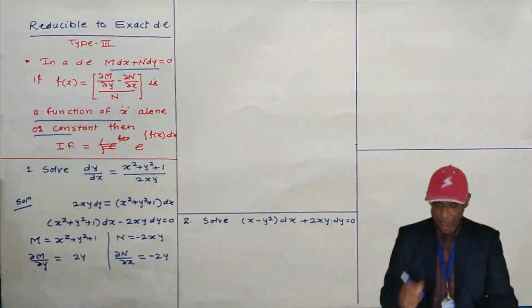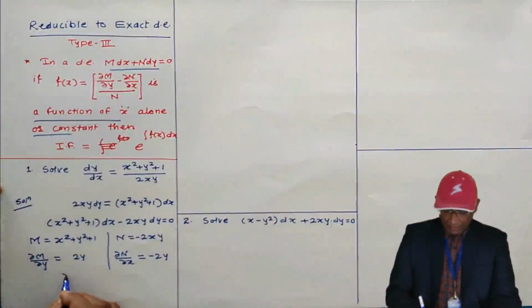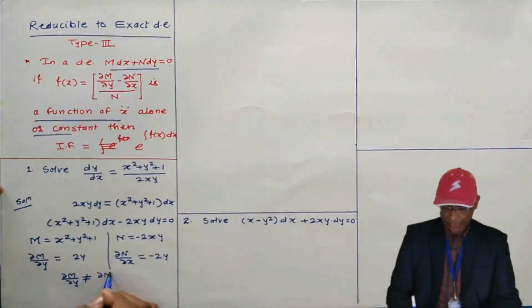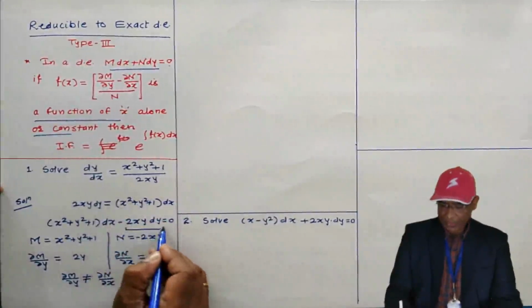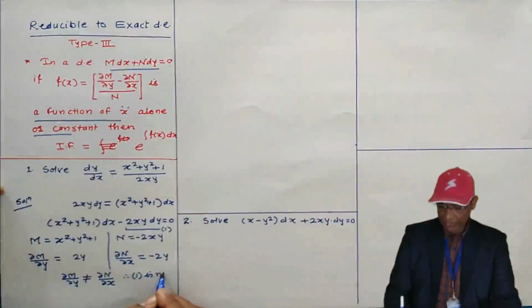So ∂M/∂y and ∂N/∂x are not the same. Therefore, this is not an exact differential equation. This equation 1 is not exact.